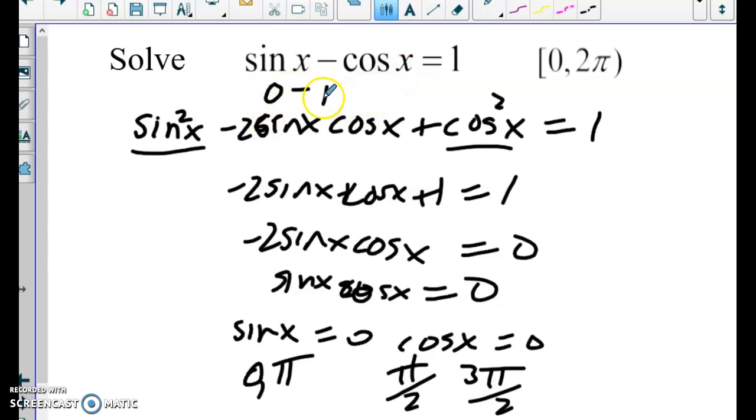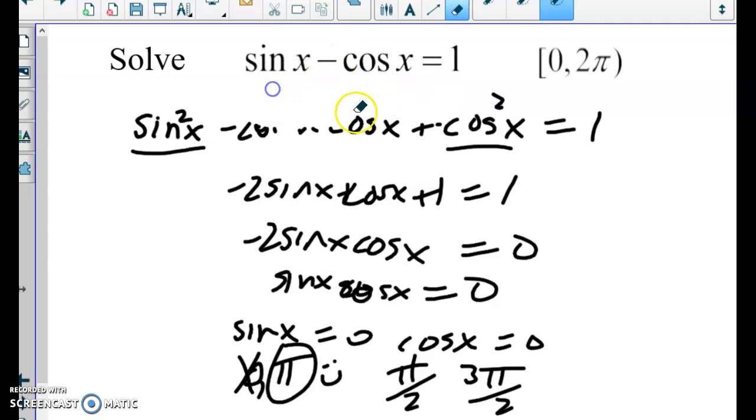And 0 minus 1 is not 1. So that one is an extraneous root. Let's try at pi. Let me erase this, redo this at pi. So the sine at pi is 0. The cosine at pi is negative 1. And that one works, so I'm going to circle that and put a happy face by it.